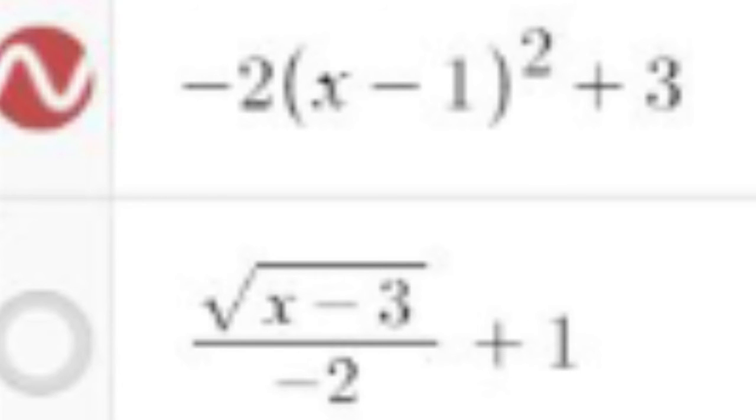The number inside the parentheses shifts the graph left or right. And the number at the end makes the graph go up or down. So here's how you graph it. You go forward 1, since it's x minus 1, and up 3.